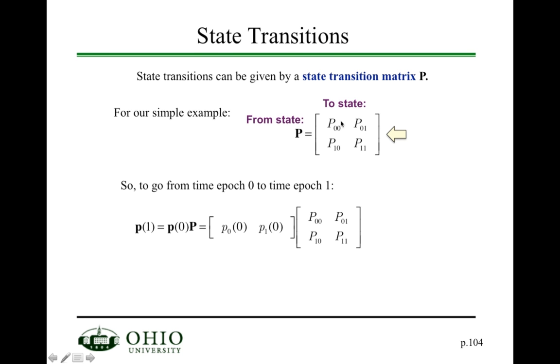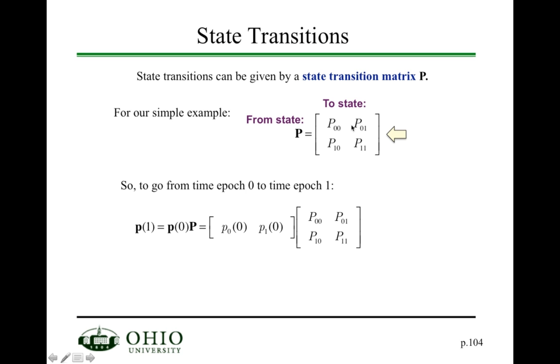So the way we're going to define these transitions is by means of a state transition matrix. In the matrix, the row elements define the from state, and the column elements define the to state. So for example, the first row, first column defines the probability I'm going from state 0 to state 0.